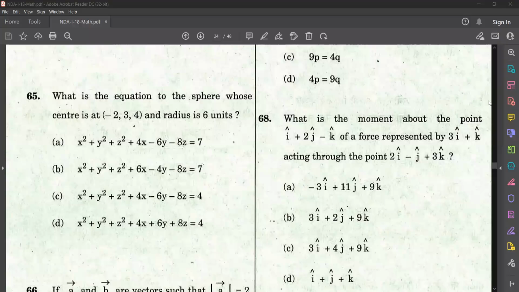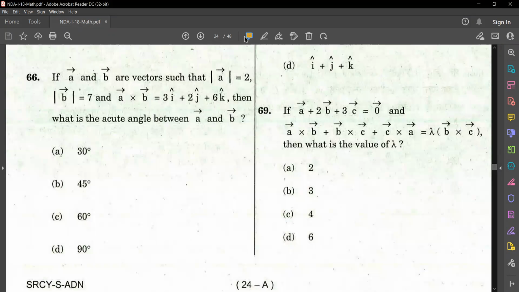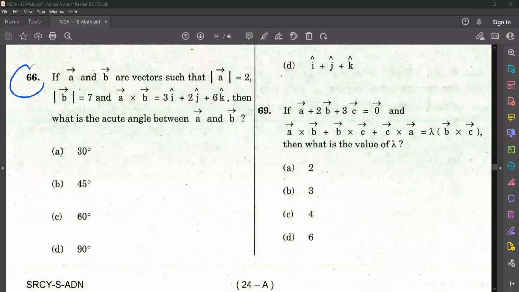Question number 66. If vector A and vector B are vectors such that magnitude of A is 2, magnitude of B is 7, and A cross B is this one, what is the acute angle between A and B?